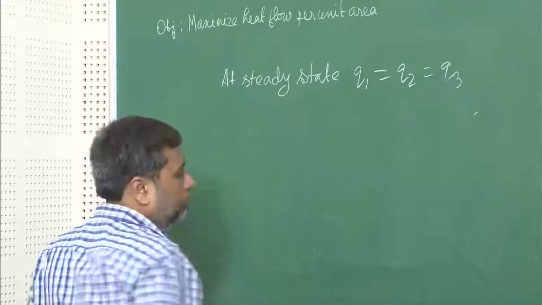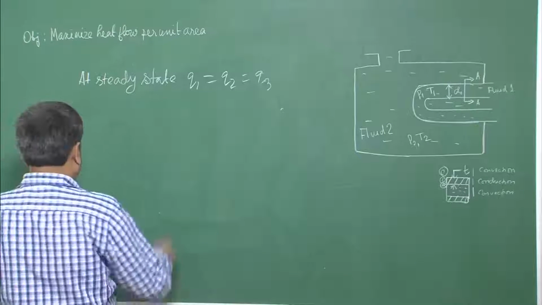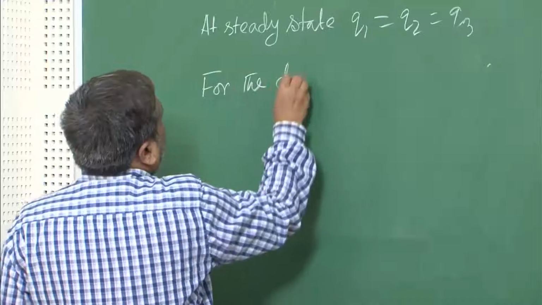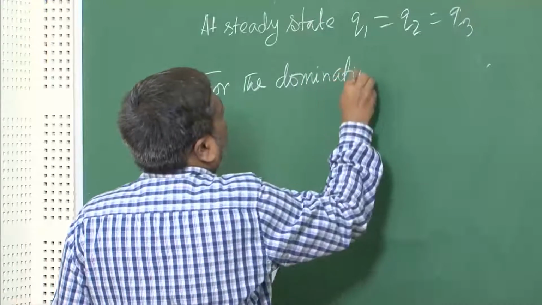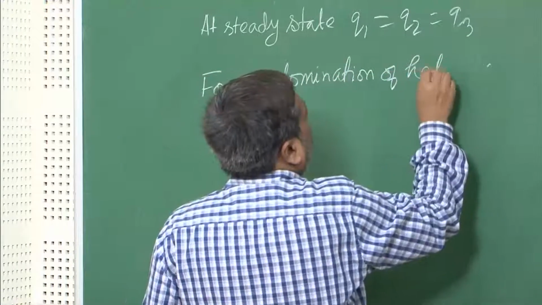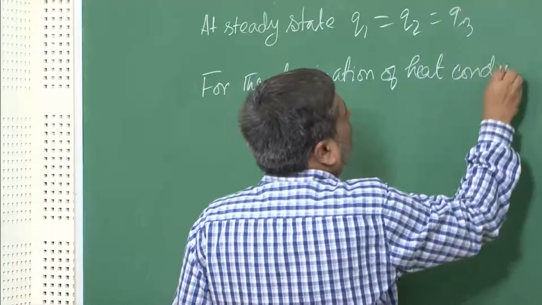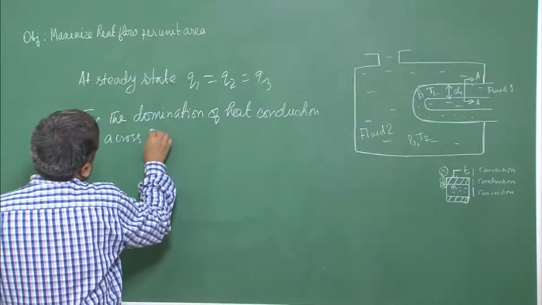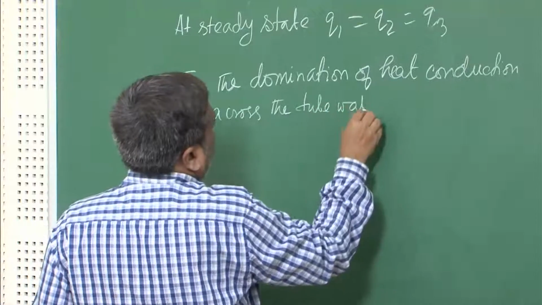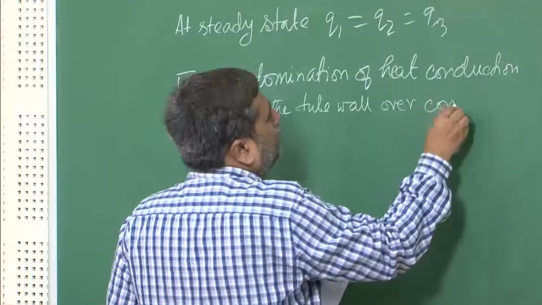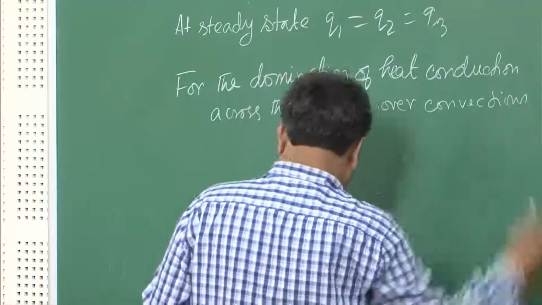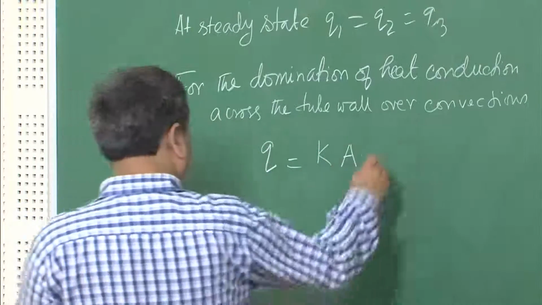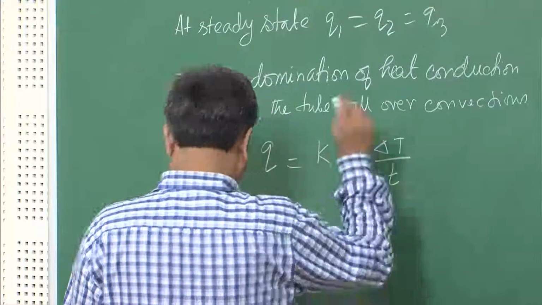For the domination of heat conduction across the tube wall over convections, we can write simply Q equals Ka delta T over T, right.